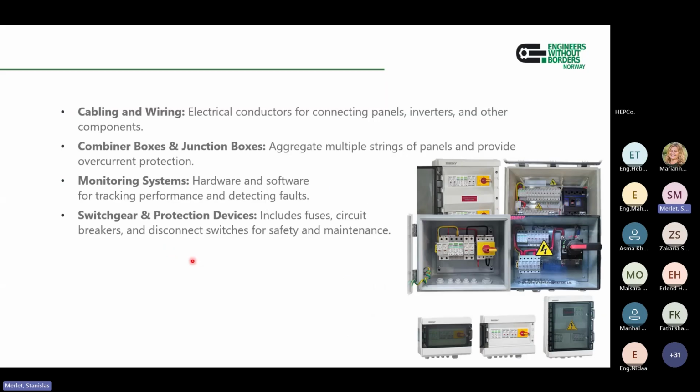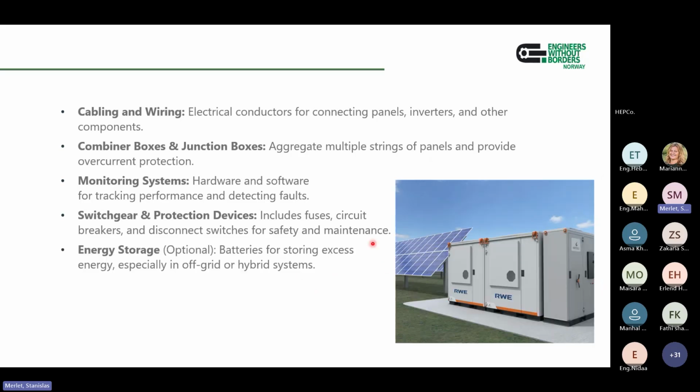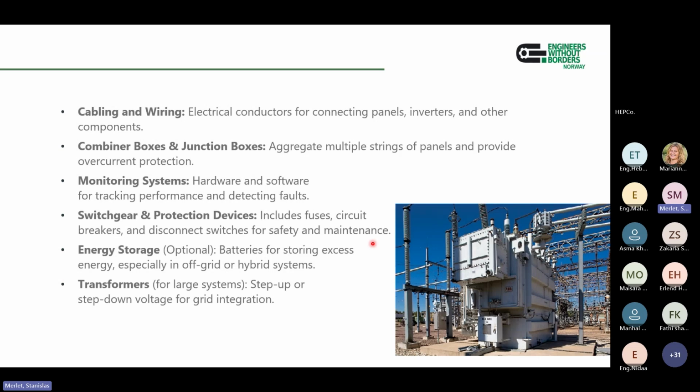And then all protection devices on the AC side. So the switchgear, the protection devices, the fuses, circuit breakers, disconnect switches, everything before the transformer. Energy storage is an optional one, but that's also included in BOS: the BESS, the battery electricity storage system, and the transformer for large systems.